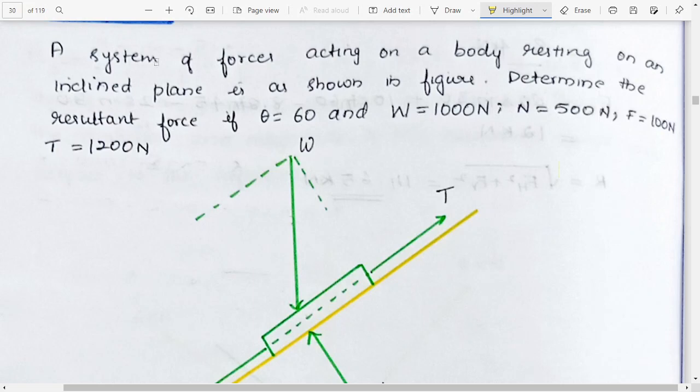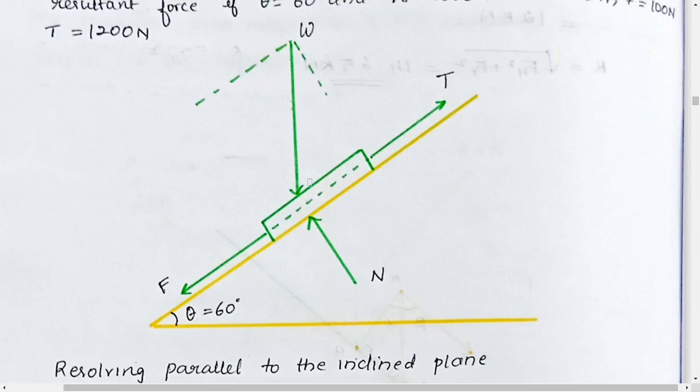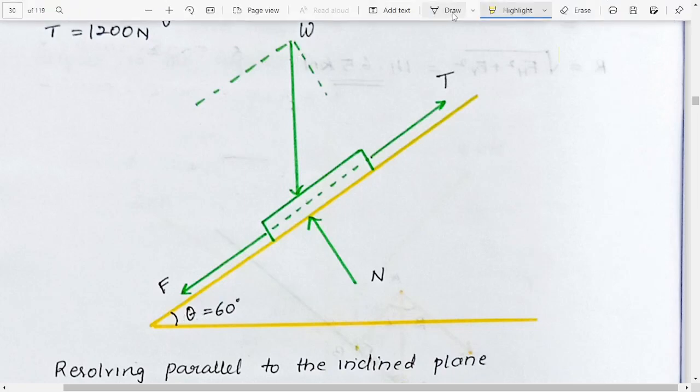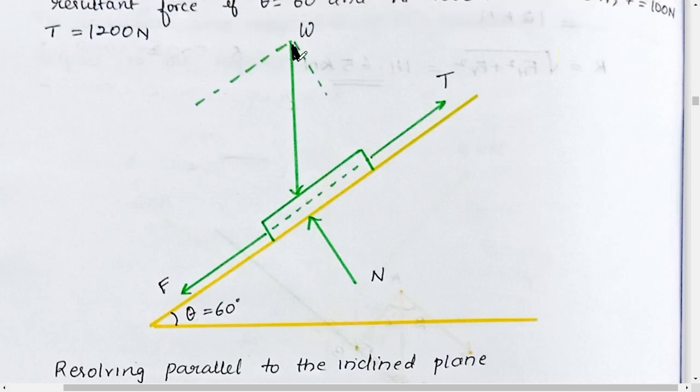So we are given a system of forces acting on a body. So these are the system of forces acting on a body. In the earlier section I have told you that the angle between this theta and the alpha angle here, I mean this angle, is called alpha and it will be equal to this theta.